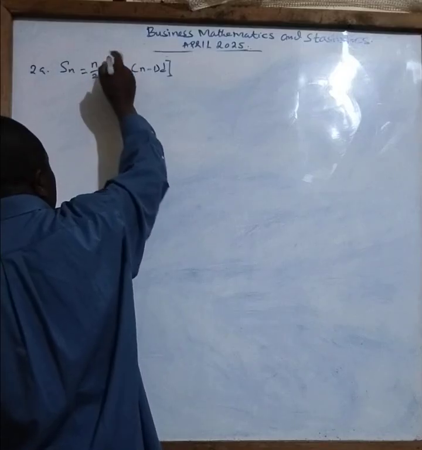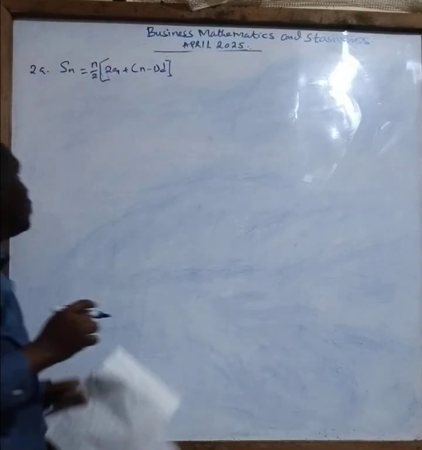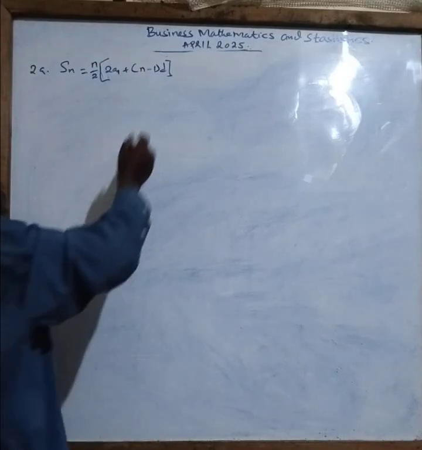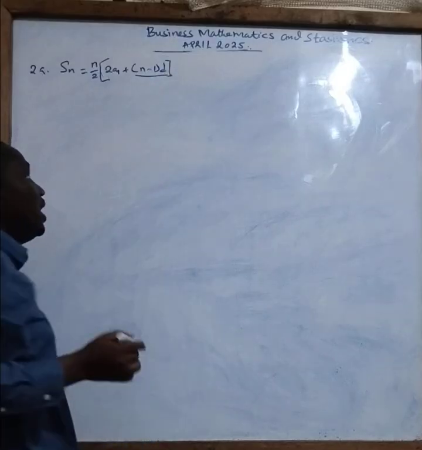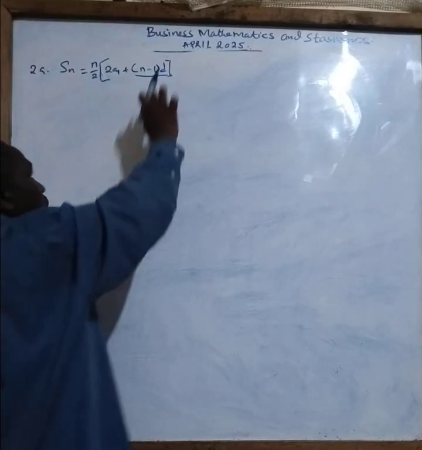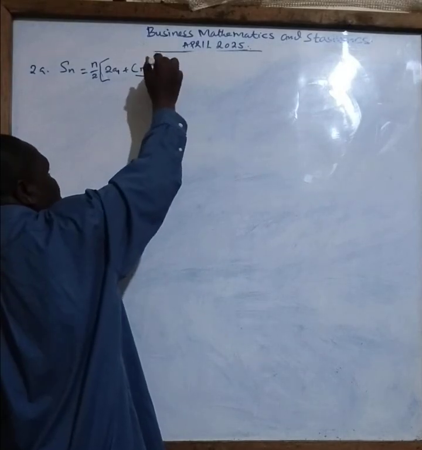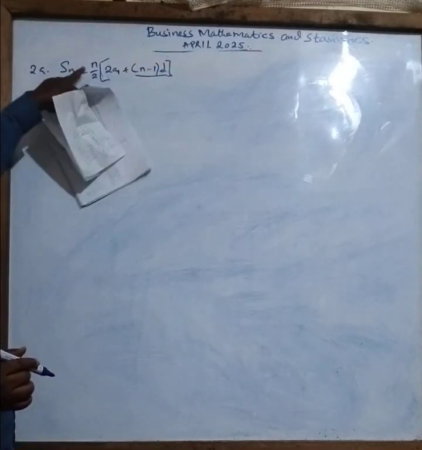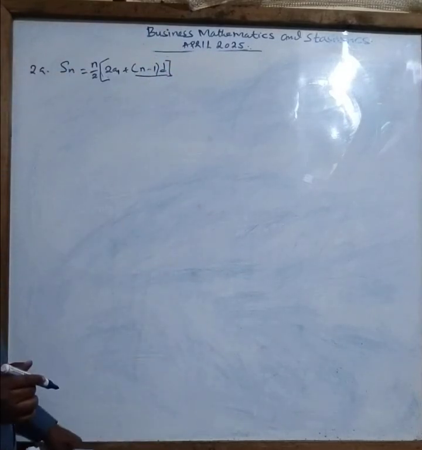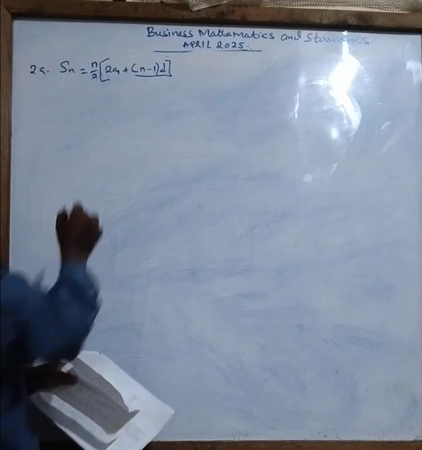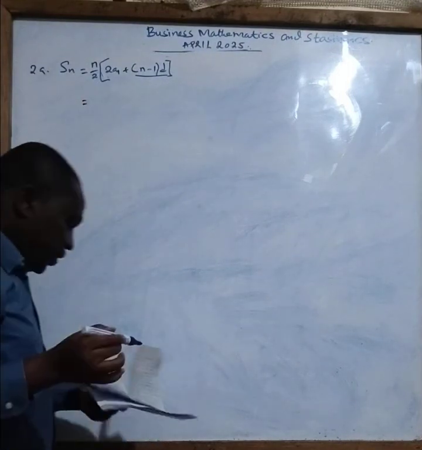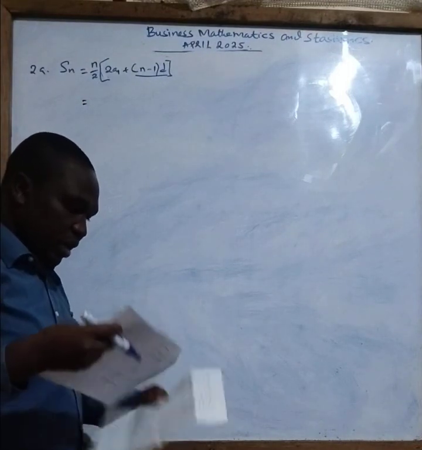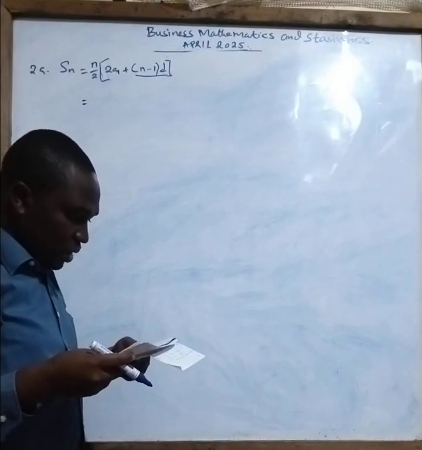When you look at this formula carefully, you find that this part was used to find the nth term. Where there is n, it is the position of that particular element. In this case, you have been told there is 50. Find the sum of the 50 terms.